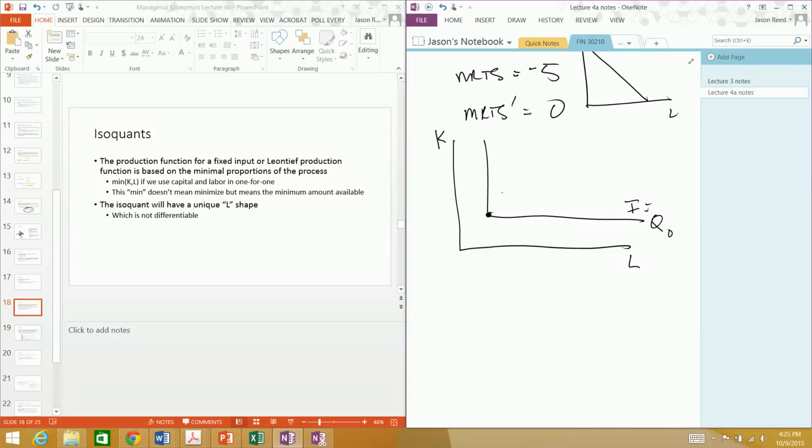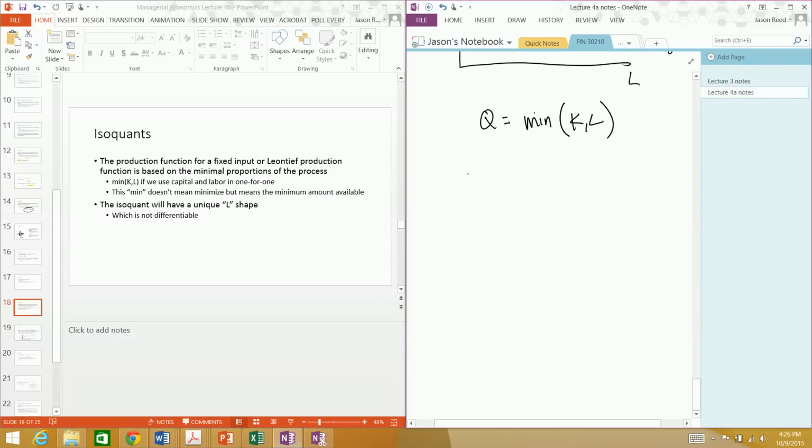This minimum doesn't mean to minimize in any way when we draw it here. So when we say that our output Q is equal to the minimum of K and L, it actually means the minimum amount of capital and labor that we have.